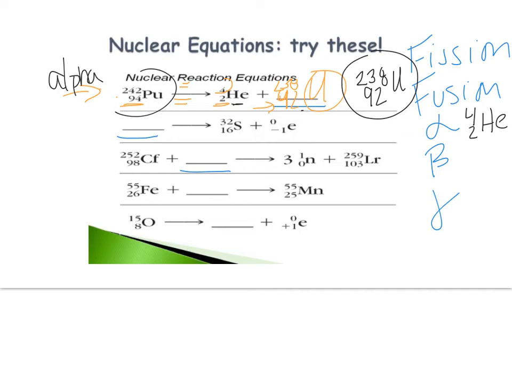Okay? So, looking at this second example here, I'm going to clean up a couple things around here so that we can very clearly write and read what we have going on. So this is the same deal. This time though, we're going to fill in our blank on the left side of the reaction. So the top numbers here, 32 plus 0 on the right, gives me a top number here of 32.